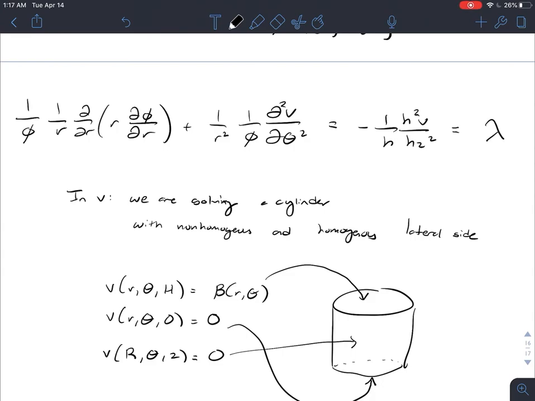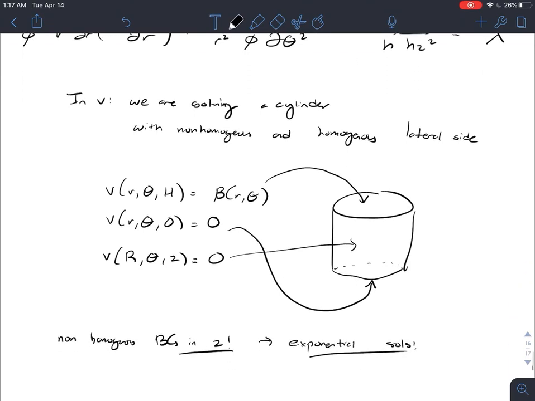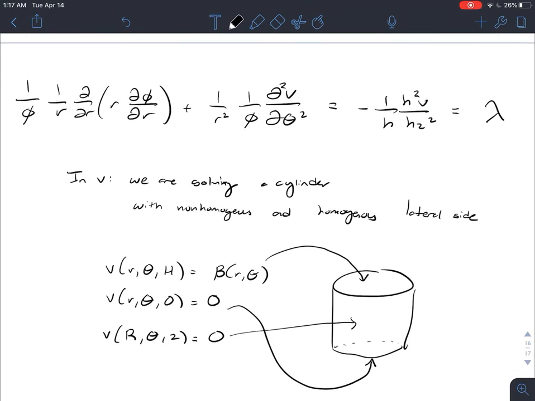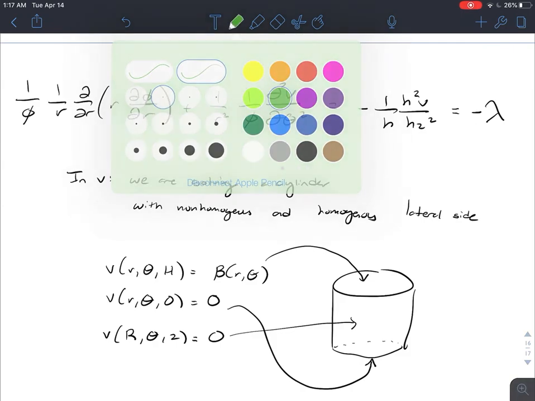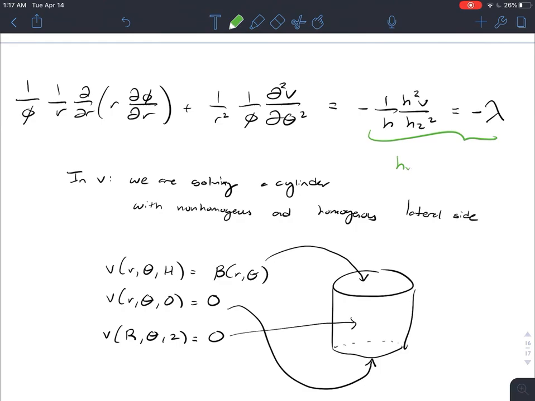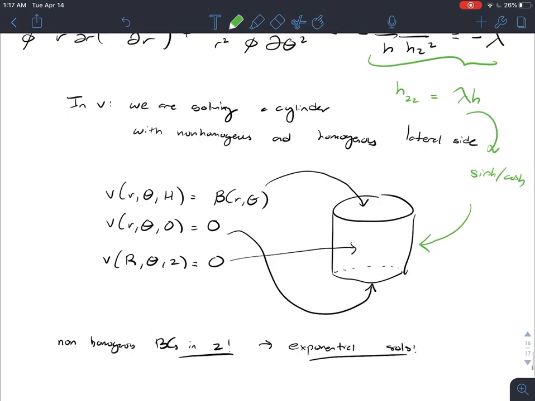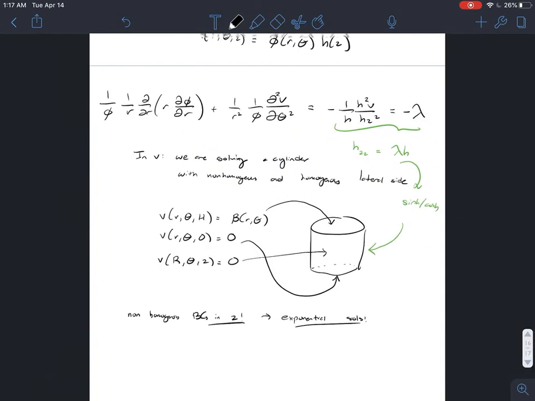So in order to satisfy the exponential solutions case, we need to make sure that this lambda is equal to a negative number. Sorry if that was unclear. Now, we can clearly see that this relationship, h double prime z is equal to lambda h, will generate just sinh and cosh solutions, which we can then use to satisfy the fact that we have exponential solutions in the z direction.